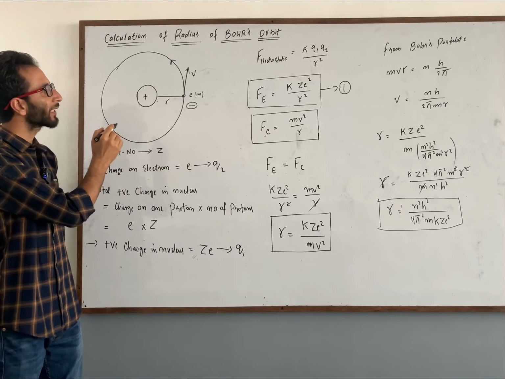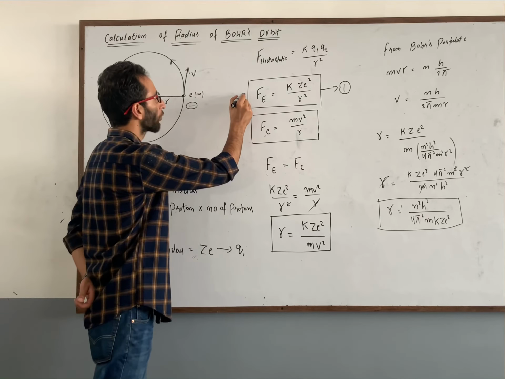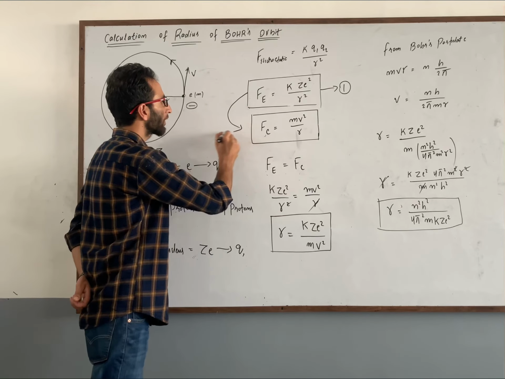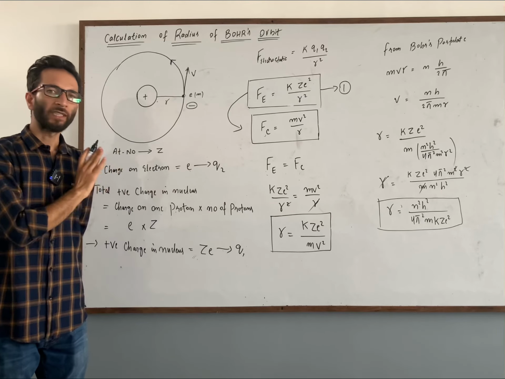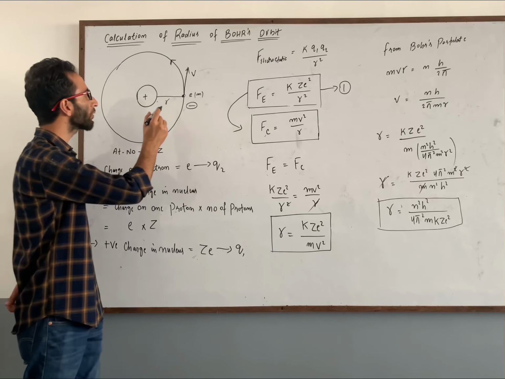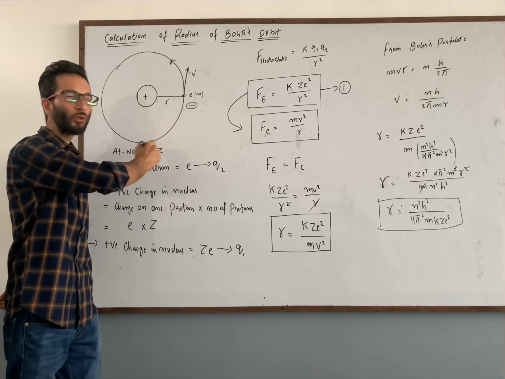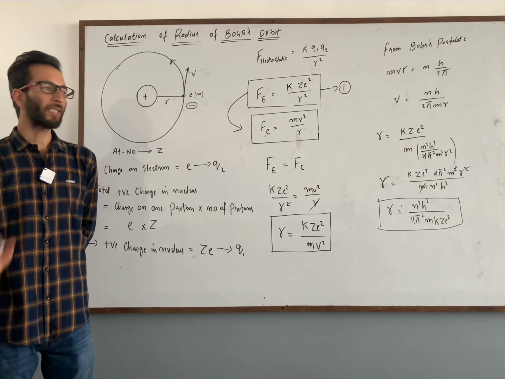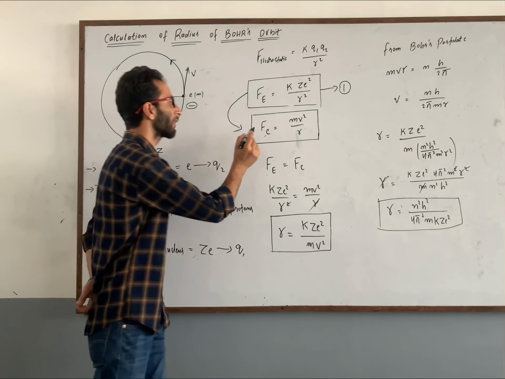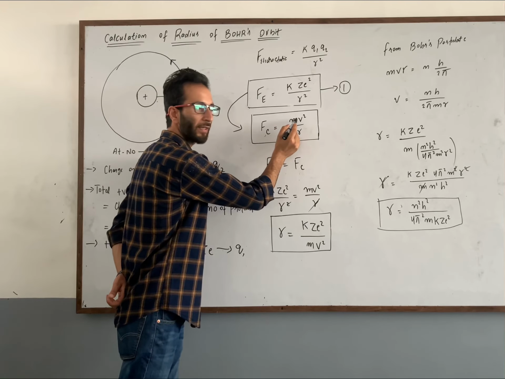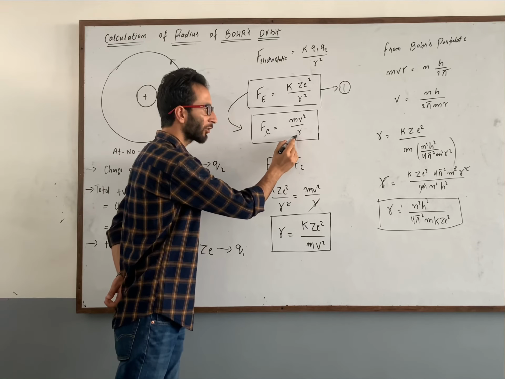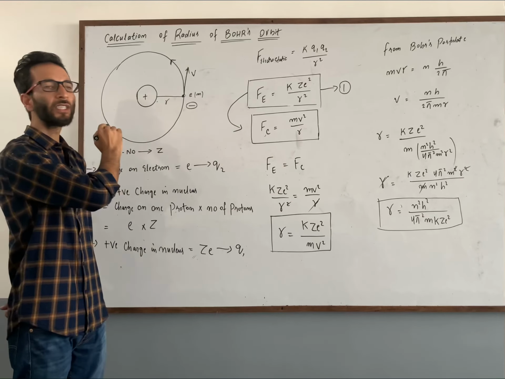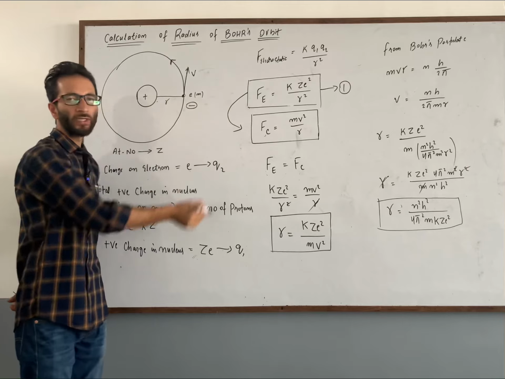So what happens here is that the electrostatic force is converted into another type of force which we call centripetal force. Due to this centripetal force, the electron revolves around the nucleus in a circular orbit. Mathematically, this centripetal force is equal to m v square divided by r, where m is the mass of the electron, v is the velocity of the electron, and r is the radius of the orbit in which the electron is revolving.